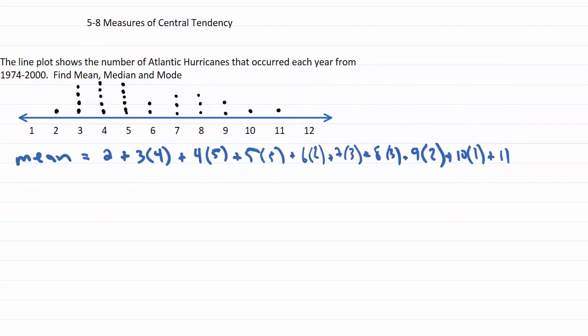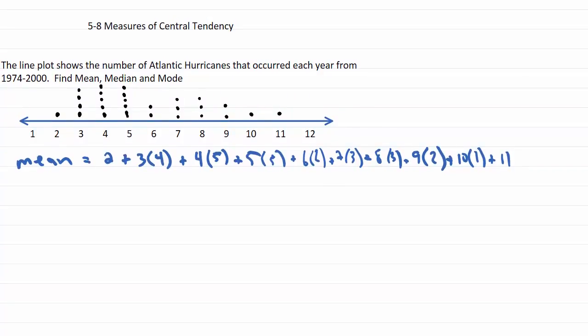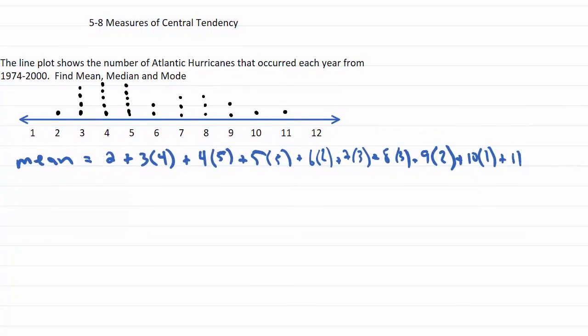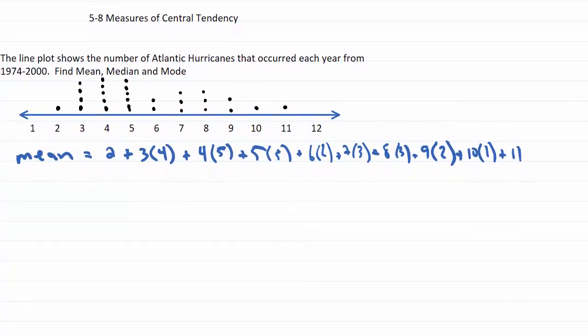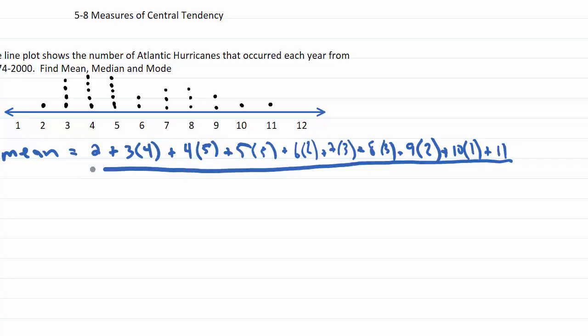There we go. Okay, so to find the mean, I add up all the number of hurricanes. And this shows how many hurricanes there were. What I need to do, though, is divide now by the total number of data sets. Well, in those data sets, these dots are the number of years these hurricanes were measured, and that was 27.